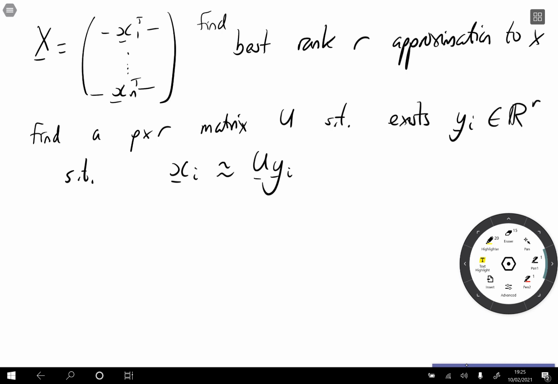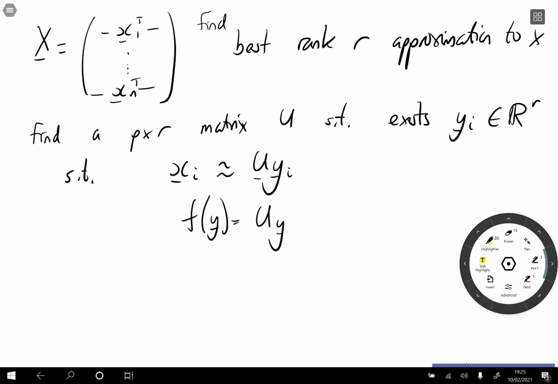Okay, so this is a rank R model. If you think about it, think about this as a linear model. So we're going to model the data as f of y, which is Uy.